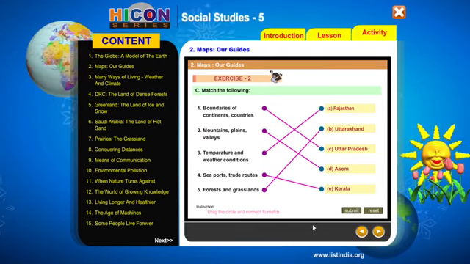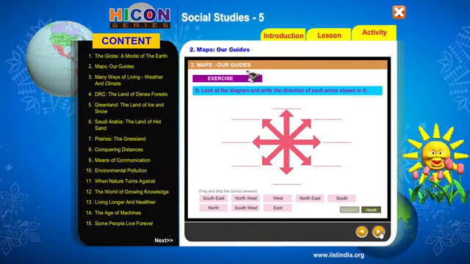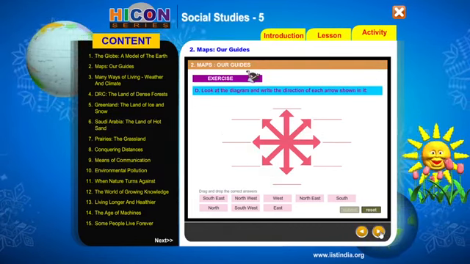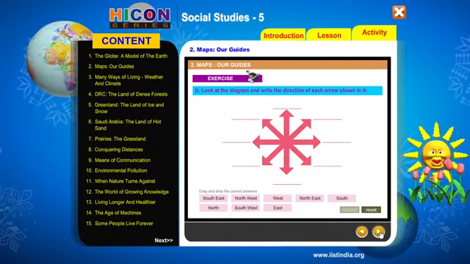Okay, children. So now we'll move on to the next one. So look at the diagram and write the directions on each arrow shown to it. So there is a diagram of arrows given there, and we need to identify the directions based on the arrows given.